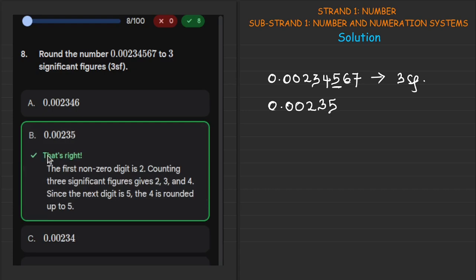So our answer is what? 0.00235. And then it says the first non-zero digit is 2. Counting 3 significant figures gives 2, 3, and then 4. Now, since the next digit is 5, the 4 is rounded up toward 5. Our next question.